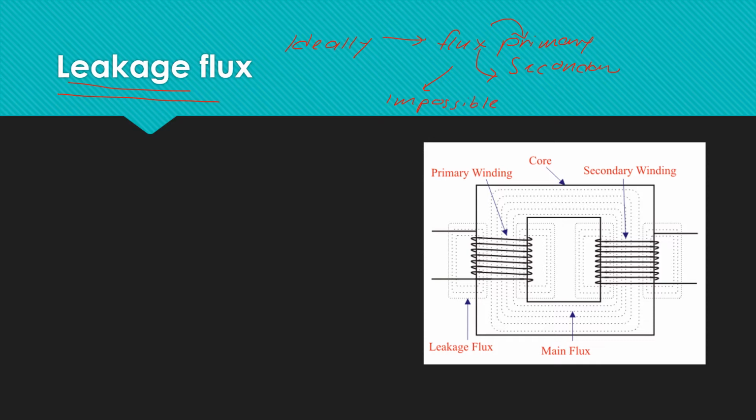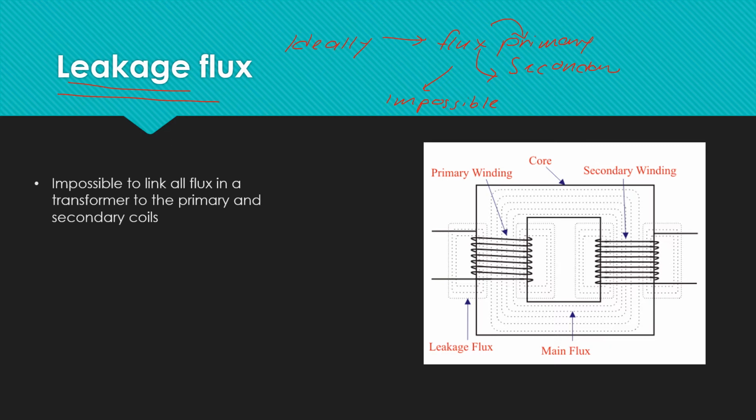Although maximum flux will link with both windings through the core of transformers, still, there will be a small amount of flux which will link either winding but not both. This flux is called leakage flux, which will pass through the winding insulation instead of passing through the core.